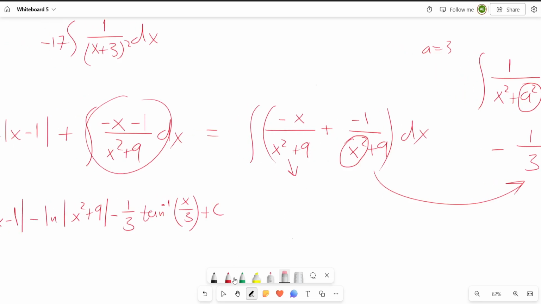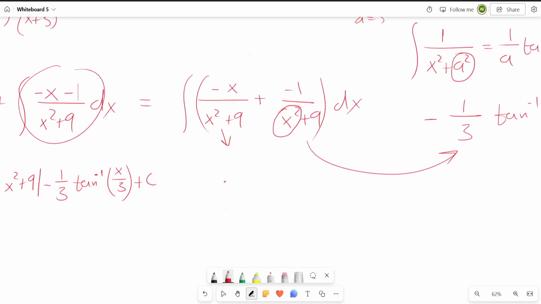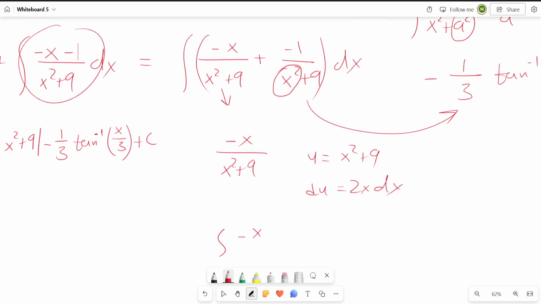actually this part over here, the u substitution that we did, we said this is minus x over x squared plus 9. So we said u equals x squared plus 9, du equals 2x dx. So it's going to be the integration of minus x over u times dx, which is going to be du over 2x. So this cancels this, so this is equal to, I forgot the half, so this is minus 1 over 2 the integration of 1 over u du.